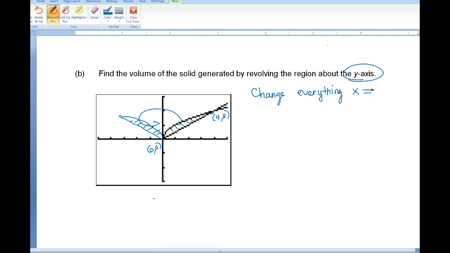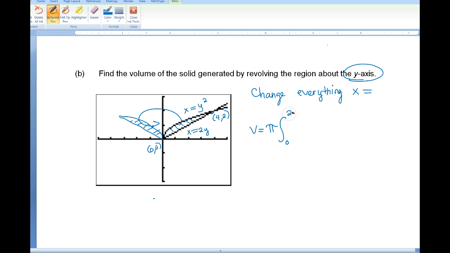What would it be in terms of y? So this would be x equals y squared. And what would be the other line? So this would be x equals 2y. Exactly. So instead of from 0 to 4, it's going to go 0 to 2.